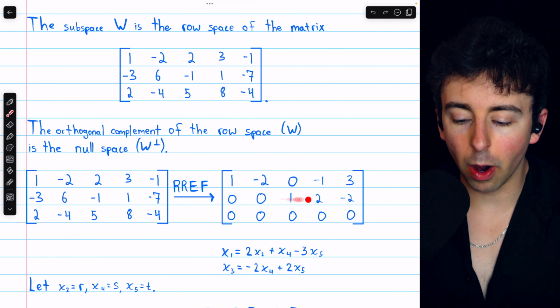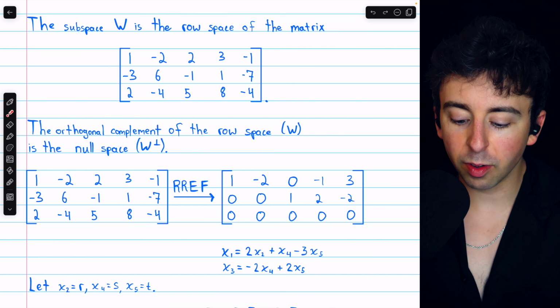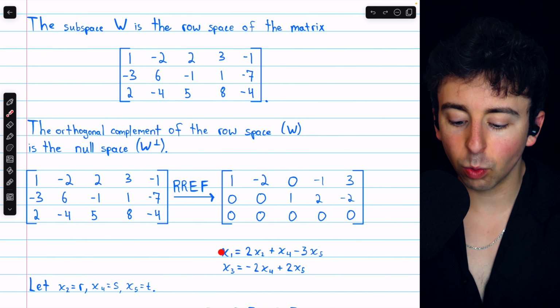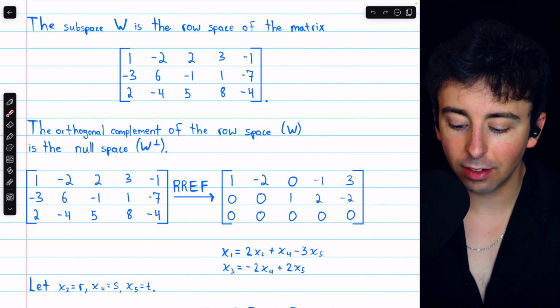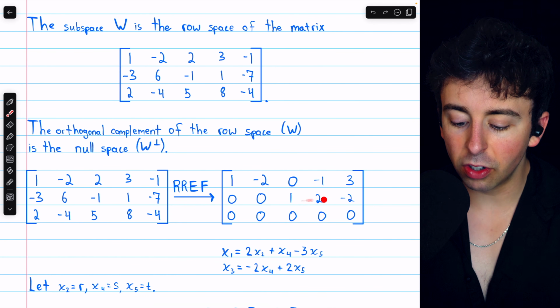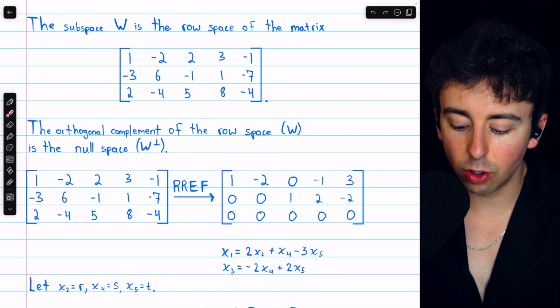Since each of these rows represents an expression that we are setting equal to 0, from row 1, we have that x1 equals, adding everything to the right side, 2x2 plus 1x4 minus 3x5. And from row 2, we have that 1x3 equals negative 2x4 plus 2x5.